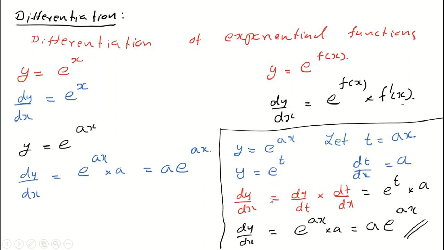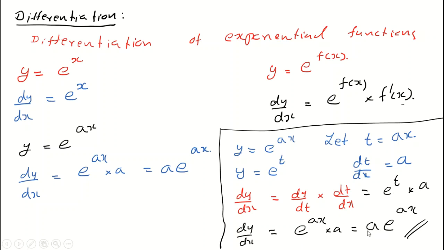The chain rule says dy over dx is equal to dy over dt into dt over dx. Dy over dt, when you differentiate this, is e to the power t itself. And dt over dx we have shown here as a. So e to the power t means e to the power ax into a, giving a e to the power ax.